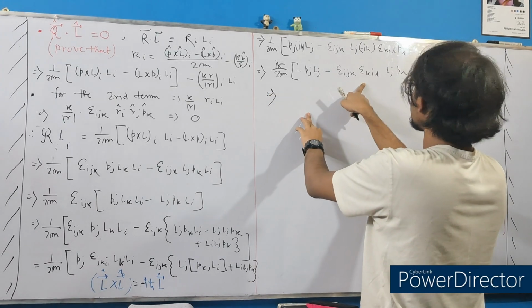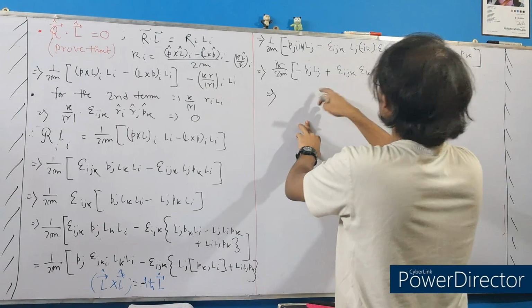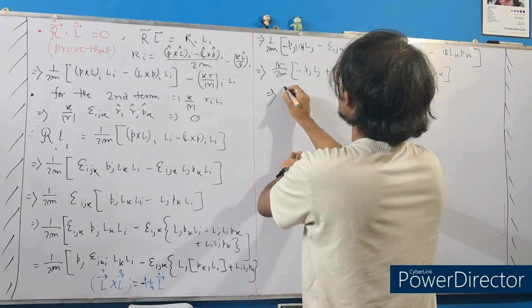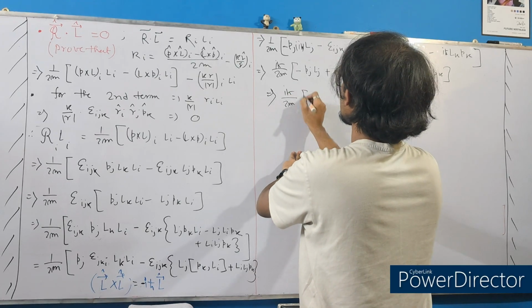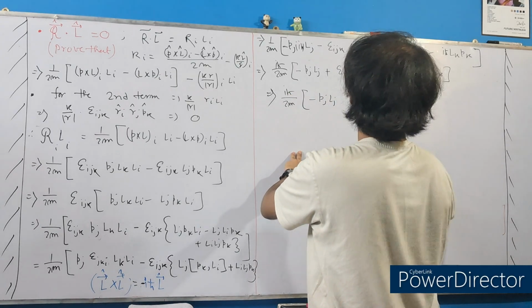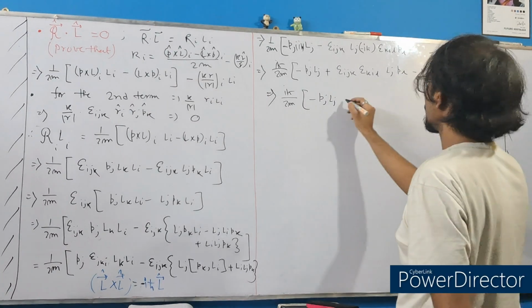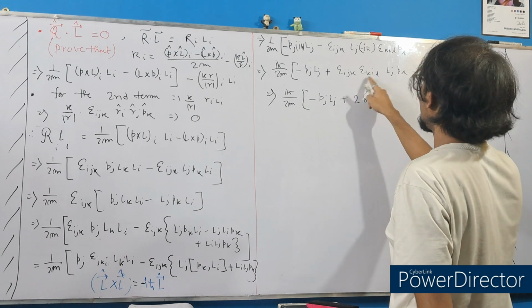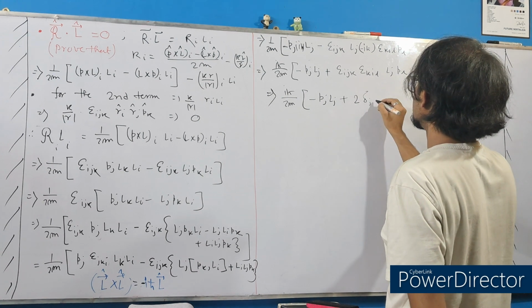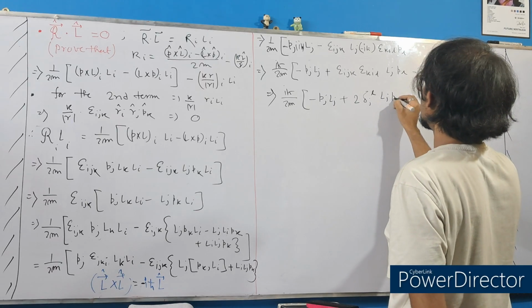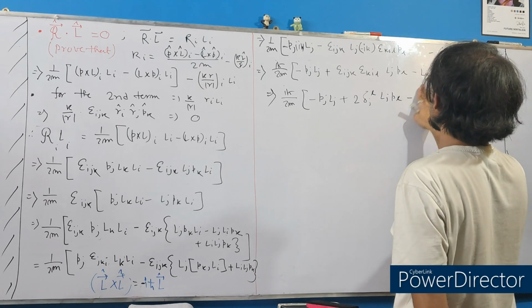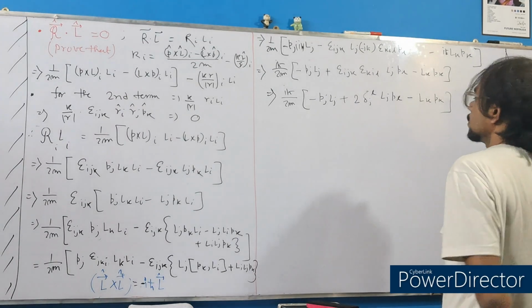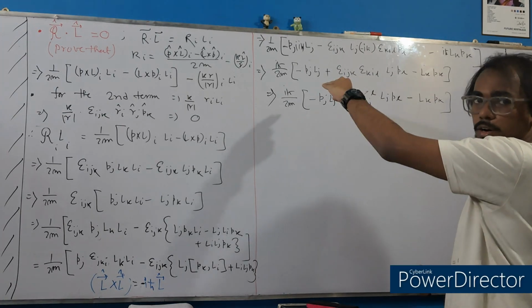Now if you see, sorry, this is plus. If you see, this will give us just 2 Kronecker delta. Pj Lj plus 2 Kronecker delta. I have Ki, so it is JL basically. JL Lj PL minus Lk. Okay. This is the property of Kronecker delta contraction. Okay.